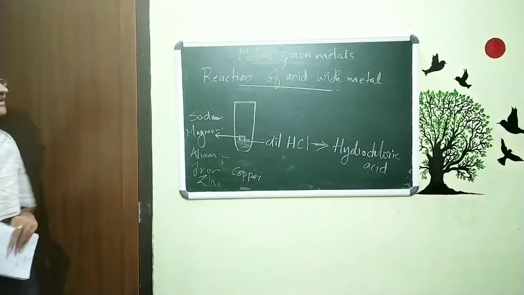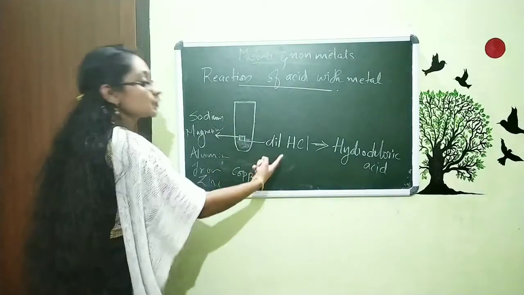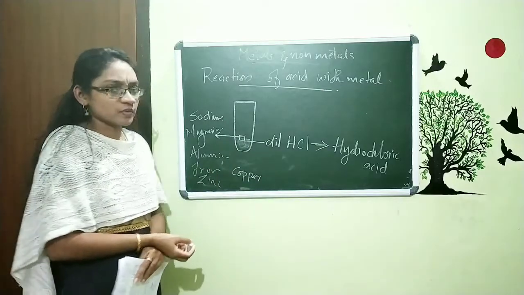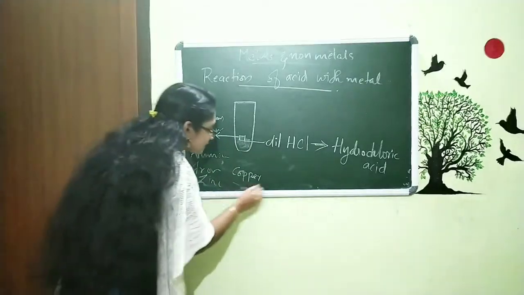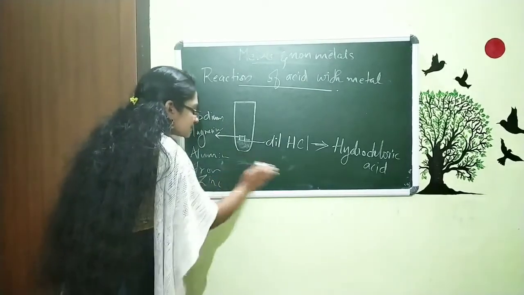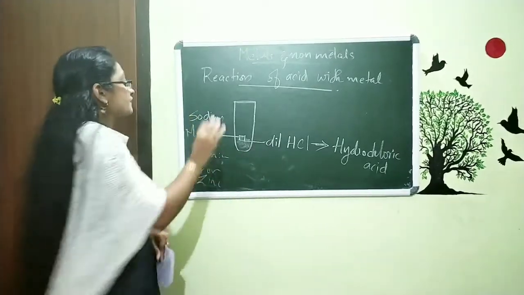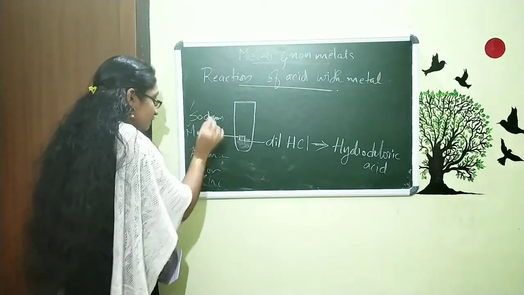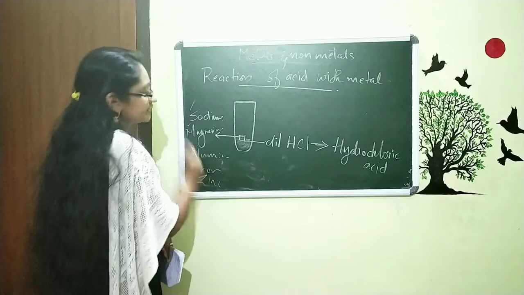Like different metals we are selecting to study the reaction with the HCl, hydrochloric acid. This copper is having some different result and so I am just removing this copper from here and now we are selecting sodium, magnesium, aluminium, zinc and iron.